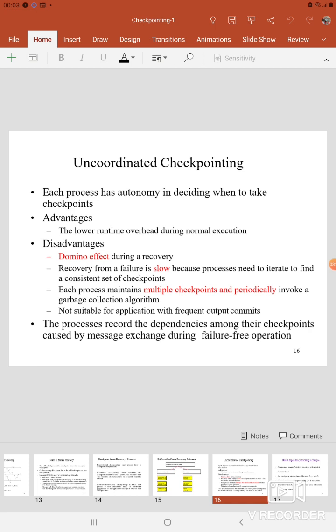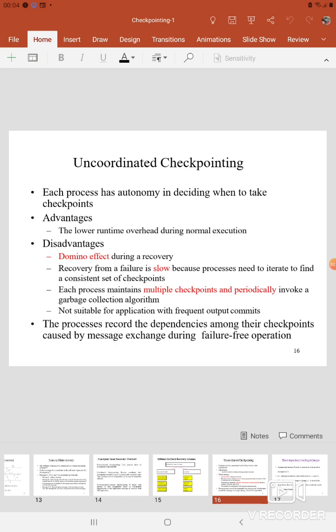That is a very slow process. And one more thing is each process should maintain multiple checkpoints, and to remove the unwanted checkpoints periodically they have to invoke a garbage collection algorithm. This uncoordinated checkpointing is also not suitable if the application needs to write so many outputs.